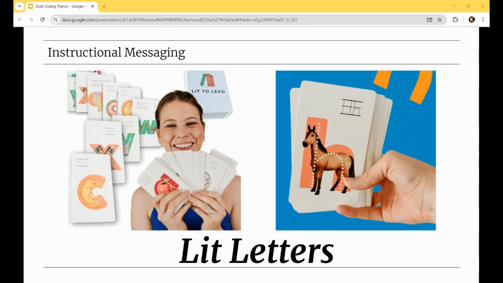So to add to the examples I've already listed, I wanted to add a specific instructional example that aligns with everything I've discussed. So these are Lit Letters made by Lit to Lead. And to quote their website, these flashcards are innovative, research-backed cards that use an embedded pictograph mnemonic strategy to make learning letter sounds fun, intuitive, and effective for young learners.